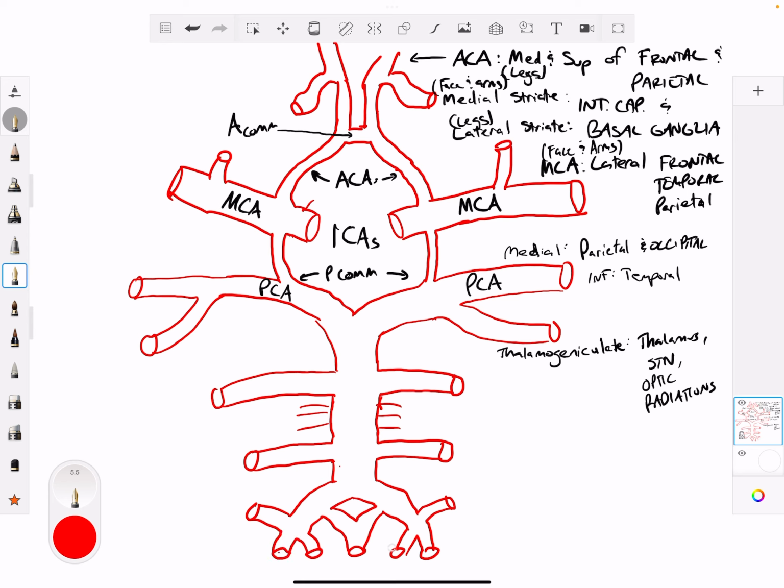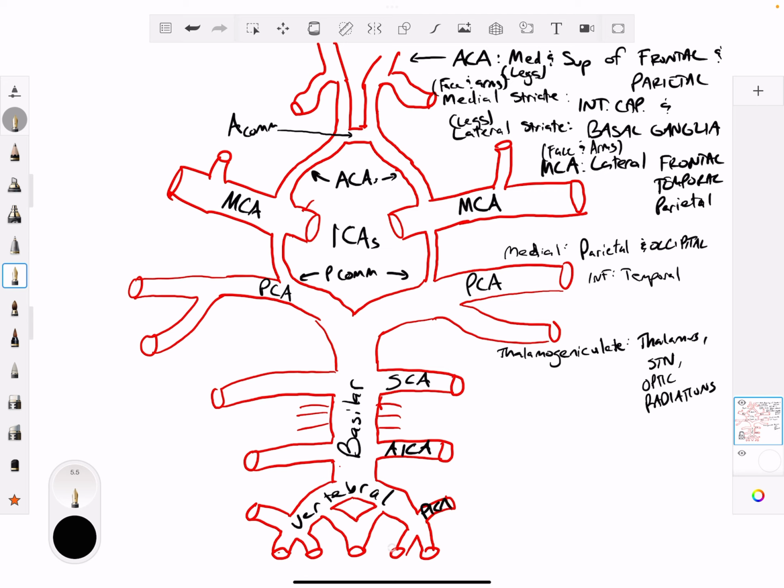All right, let's label some junk. Basilar artery, superior cerebellar artery, the anterior inferior cerebellar artery, the vertebral arteries.